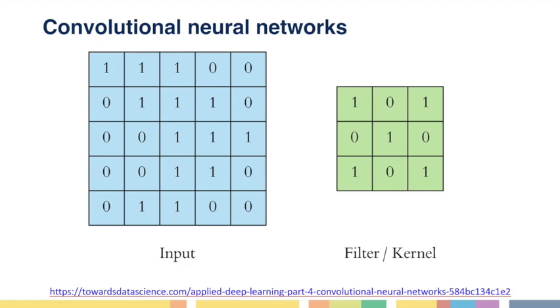The spatial proximity component is what allows me to reduce the number of parameters, meaning that I don't have to adjust as many. Let's say I have 5 by 5 here, and I'm going to create another layer that has 5 by 5. I would have 25 times 25 connections. But if I have a kernel that's 3 by 3, then I'd only have to adjust those 9 weights.